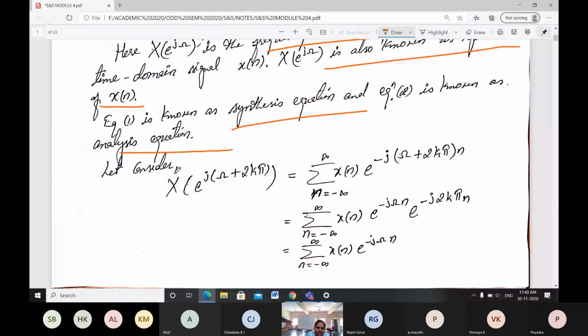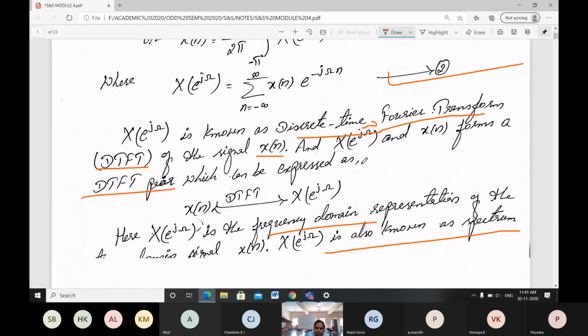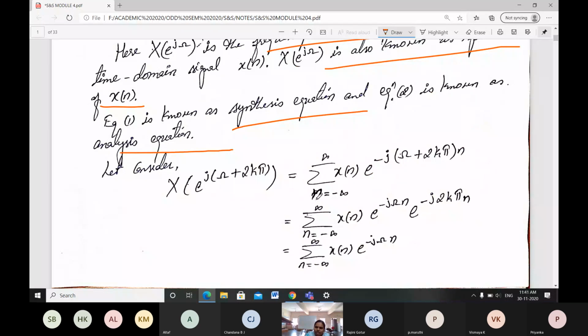Now let's consider X of e raised to j omega plus 2k pi, changing the omega in terms of 2k pi. What is the equation change based on equation 2? Summation n varying from minus infinity to plus infinity x of n e raised to minus j omega plus 2k pi into n.